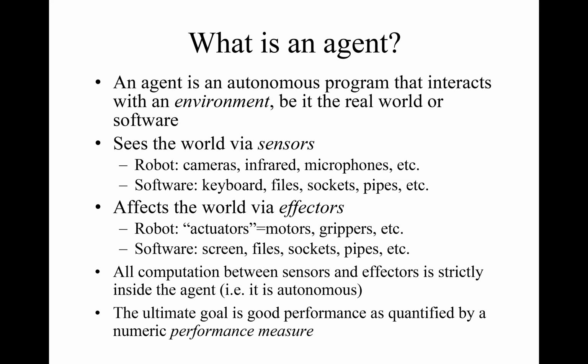So agents are often said to have sensors. For a robot, that means a physical device used to perceive the world, like a camera, infrared sensor, or a microphone. In software, the analogous thing would be, let's say, a software program where you type in math questions or word questions and it tries to answer them. Well, then your keyboard is providing the input. Or maybe you write it into a file and the program reads the file. That's fine. Or maybe you're talking over the web or over the internet more generally, using sockets and pipes or that sort of thing.